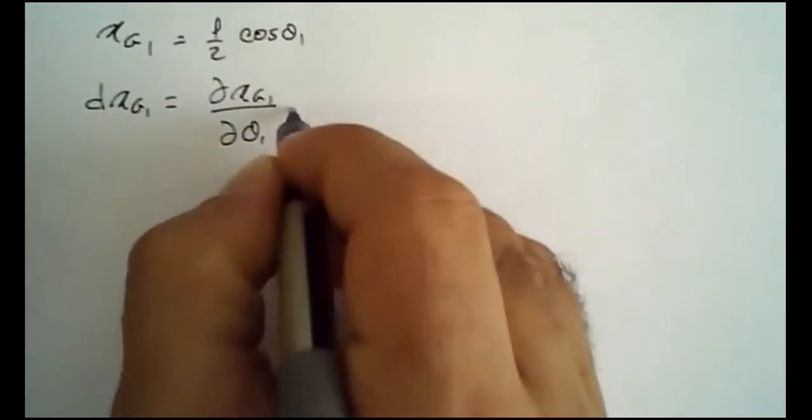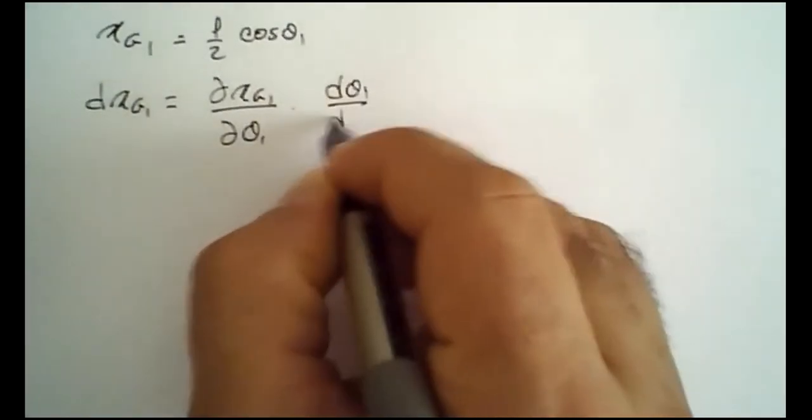So we have xG1 equal to L1 over 2 cosine theta 1, and dxG1 is equal to dxG1 over d theta 1 multiplied by d theta 1 over dt.